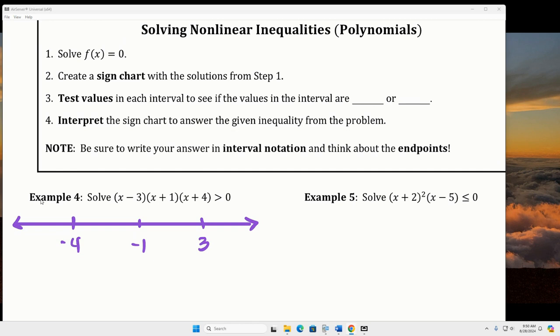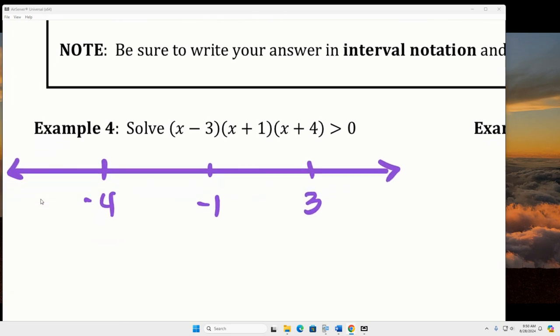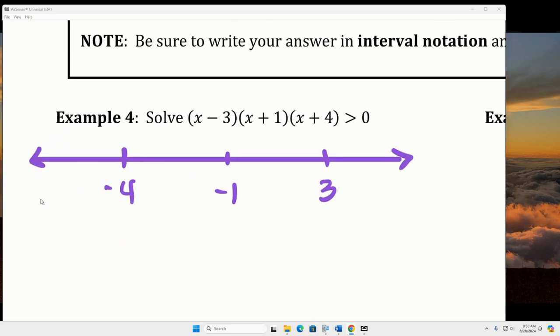Sometimes on these zeros you do an open circle and sometimes you do a closed circle. What do you guys think for this one? Open. We're not including where it's 0 because there's no or equal to bar, so we're going to do open. If it has an or equal to bar, you do closed. If it doesn't, you do open.